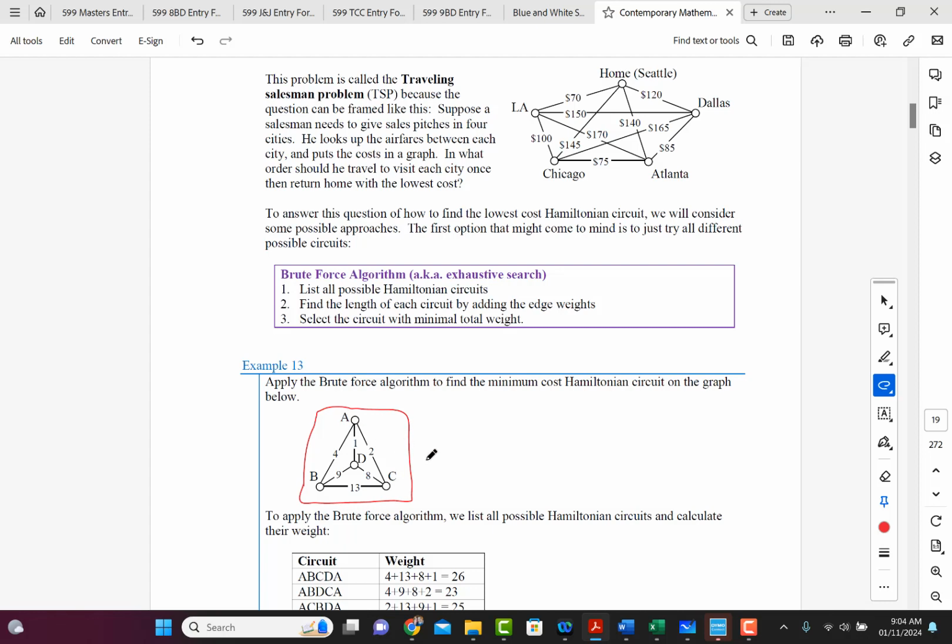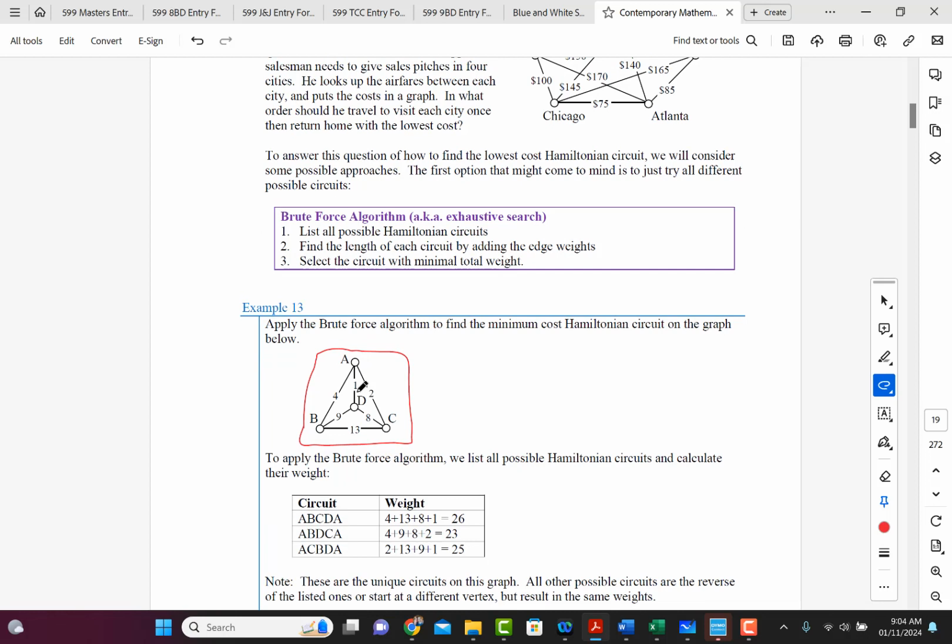So what are the possible Hamiltonian circuits? We can list them out. With this one here, there's only so many. So all the possible Hamiltonian circuits are listed below.